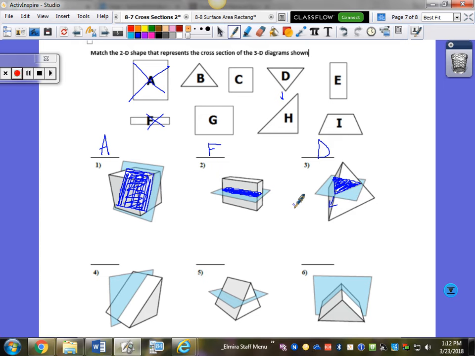Don't just match up a triangle with a triangle. Look and see what direction it's facing before you match it up. I would also really encourage you to cross off as you go, because each shape will only be used once.